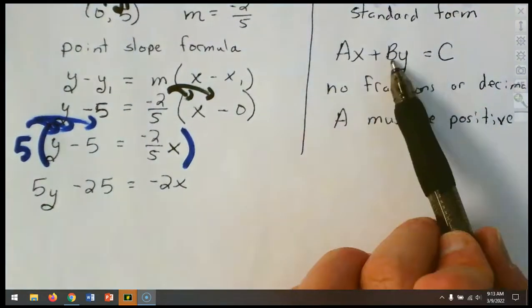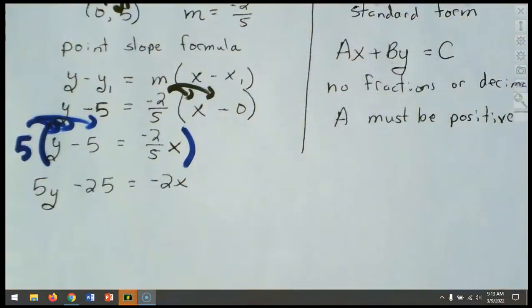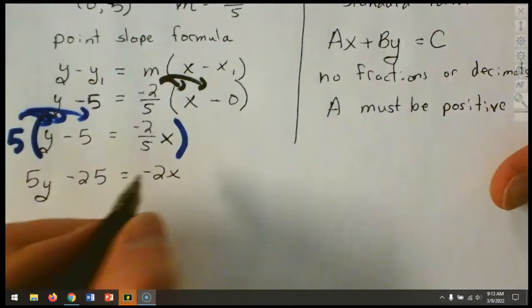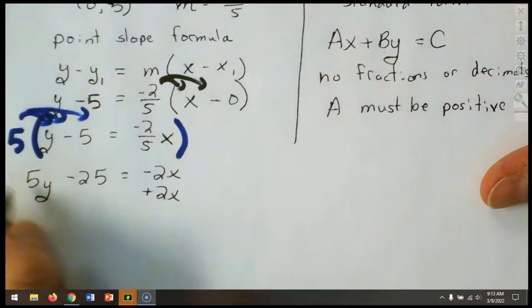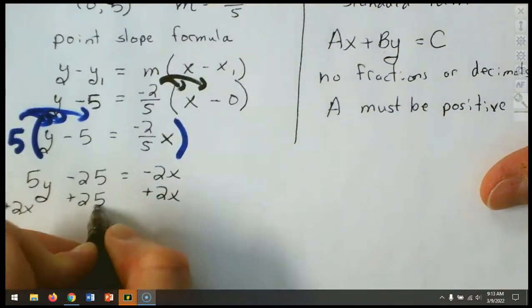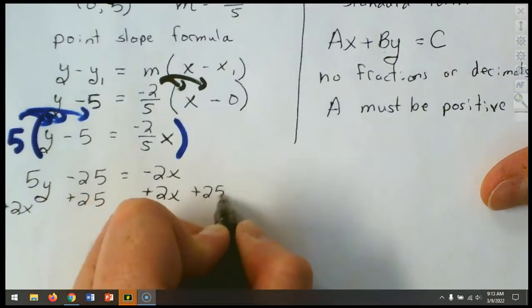Needs to look like this. So the x and the y need to be on the same side. No decimals. And when we're done, the x value must be positive. So let's move things around. I'm going to add the 2x over. And I'm also going to add the 25 to move it to the right.